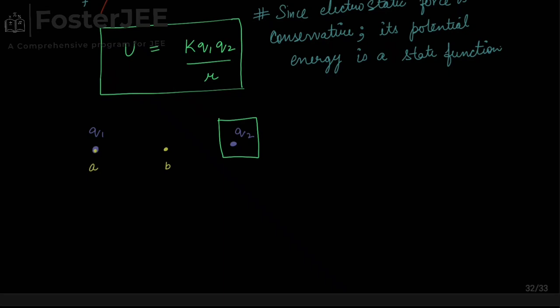Now how many paths are possible to move from A to B? The answer is infinite. We can move like this or like this or like this. Assuming both charges are alike, the forces at every point will be in different directions, due to this charge.